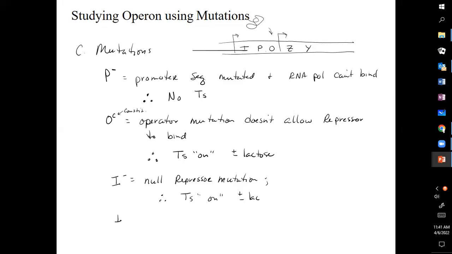A different mutation in the repressor gene, the LAC-I gene, is called the I superscript S. This is the super repressor. It's a mutation in the gene that results in a mutation in the lactose binding site.